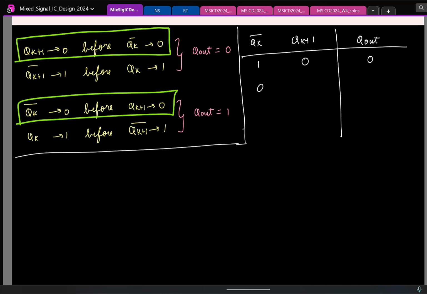Now we'll have the opposite, like this in Q square. Fine. Now remember, I am considering these two signals Qk plus 1 and Qk bar, and eventually both of them go to 0, right? And when they go to 0, what should I do to the output?